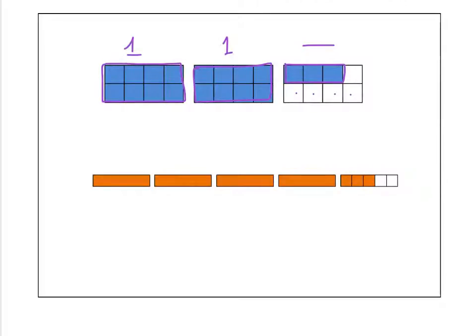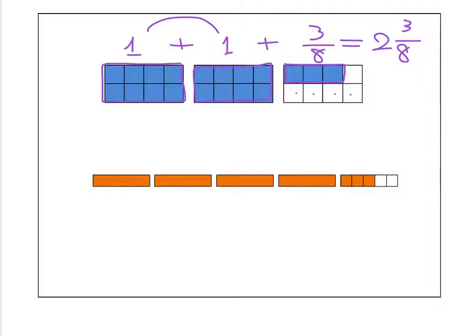So for this one, I'm splitting the 1 into 8 parts, but I'm only taking 3 parts. So if I add them together, I have 1 plus 1 is 2. So I have 2 3/8, and that's a mixed number.